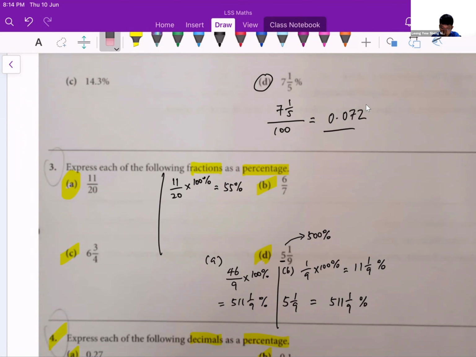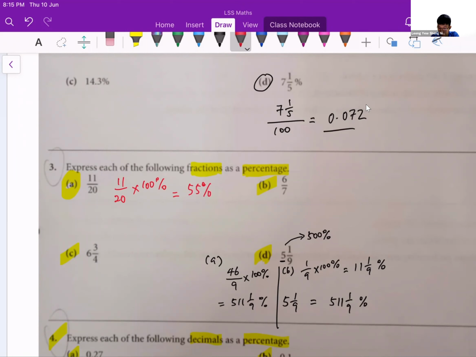In order for me to get from fraction to percentage, all I need to do is take 11 over 20 times 100%. When I multiply it using my calculator, this will give me 55% straight away.